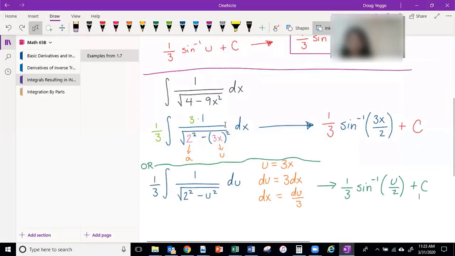I have a quick question, if that's okay. I pulled up the textbook on my desktop, and for sine inverse of u over a, it's the absolute value of a. Is that okay? Can we drop the absolute value? Yeah, you could drop that. It technically is the absolute value of a, but if you think about it, it's going to be a constant minus a function squared. So there's no purpose for us to ever write 4 as (-2) squared.